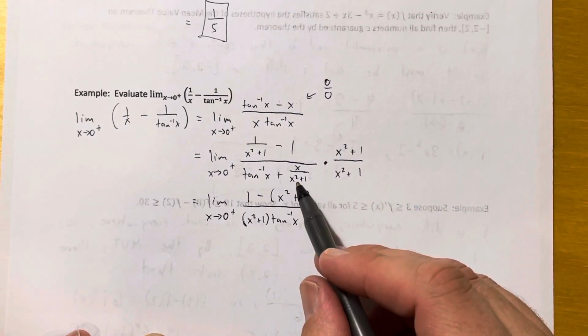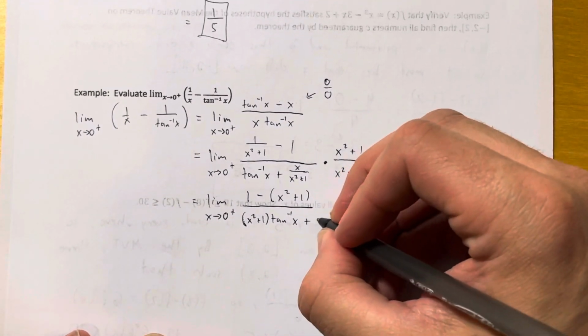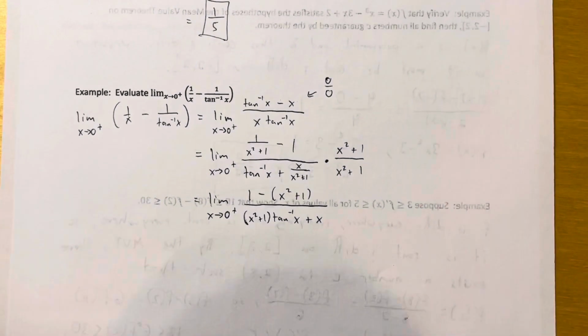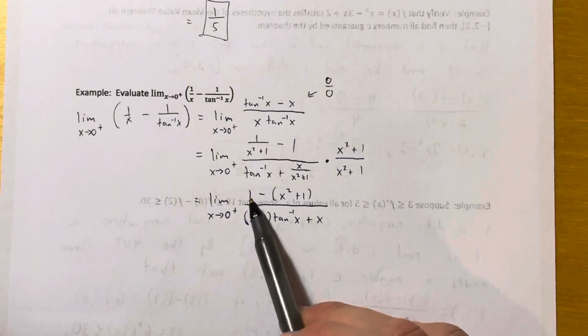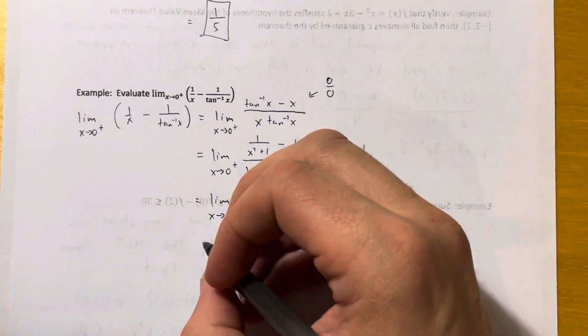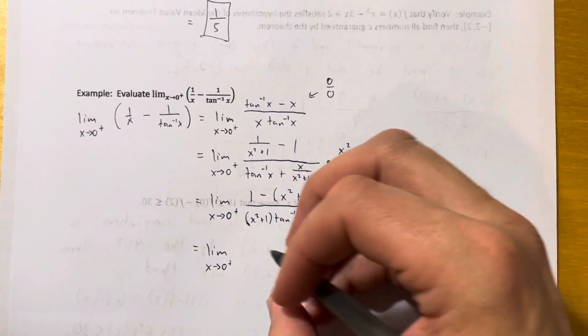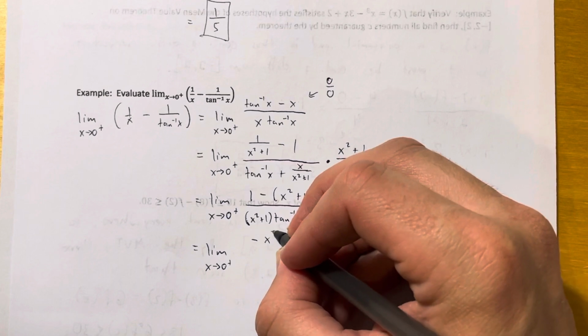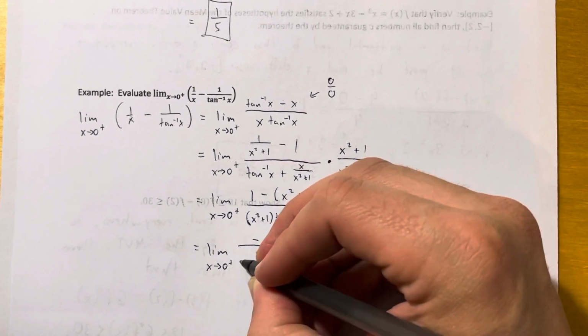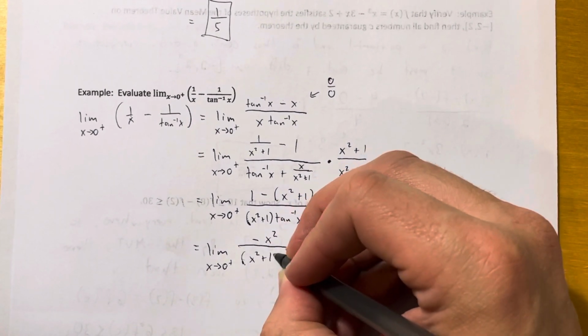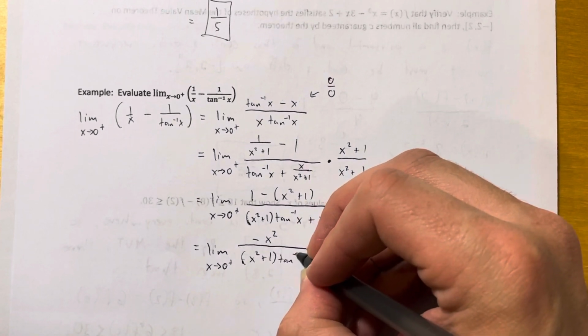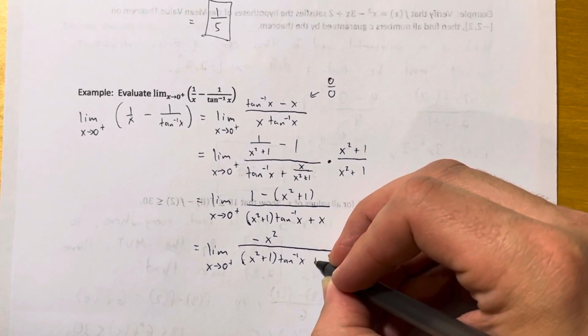And then I get a cancellation happening here and here, so that becomes plus x. I can simplify this a little bit more. 1 minus that 1 is going to be a 0. And so with a little bit more simplification, I can write negative x squared up on top, over x squared plus 1, inverse tangent of x plus x.